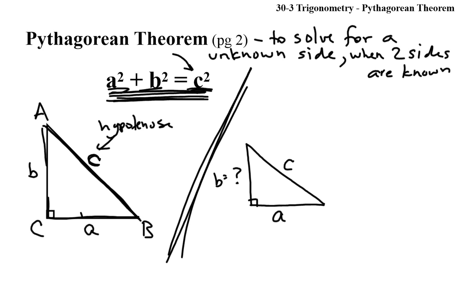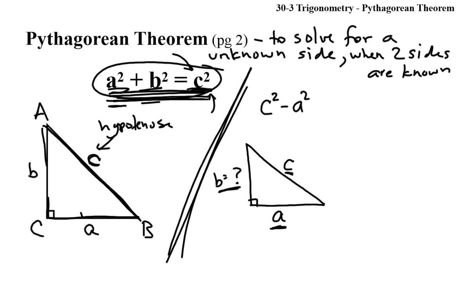Well, this formula, a squared plus b squared equals c squared, is a good formula because we can plug in a and b to get c. Another way is manipulating that formula. If we don't know what b is, we can take the hypotenuse and square it, take the other known side and square it, and that will equal the unknown side squared. So it's just another take on the Pythagoras formula.